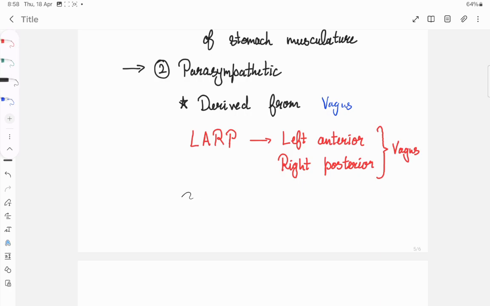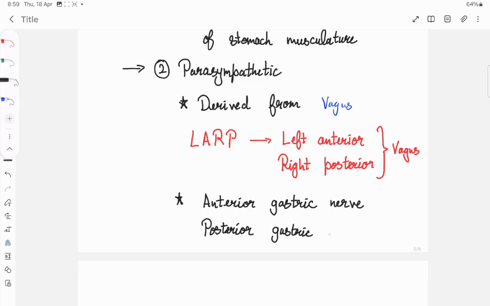So in parasympathetic fibers we have two nerves, the anterior gastric nerve, which has the fibers of the left vagus, and the posterior gastric nerve, which has the fibers of the right vagus.